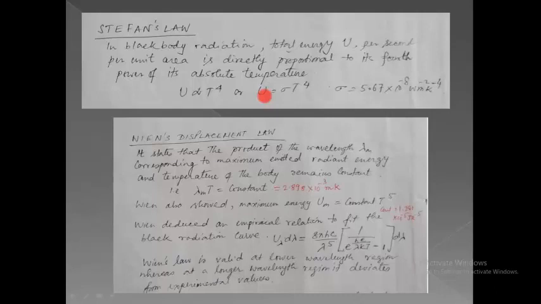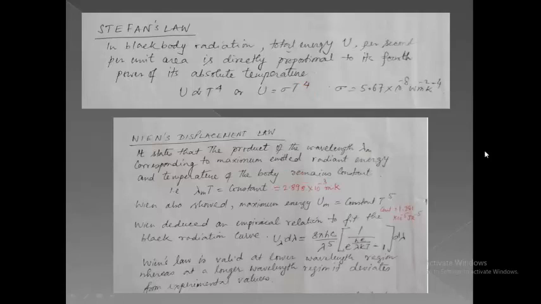So U is given, and you divide this U by sigma. You get T to the power of 4, that means temperature to the power of 4 for the sun, is equal to some value, and then you calculate for T, and you get the value of the temperature of the sun. So this is a huge application. While you cannot move into the sun or approach the sun, you can still measure the temperature of the sun by this law.